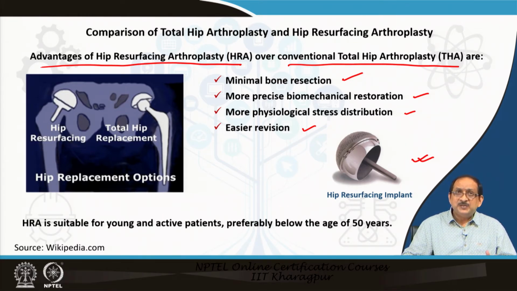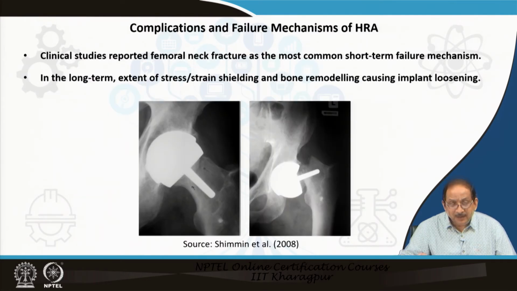Hip resurfacing arthroplasty is reported to be suitable for young and active patients, preferably below the age of 50 years. However, there is a unique set of complications in the case of hip resurfacing arthroplasty.